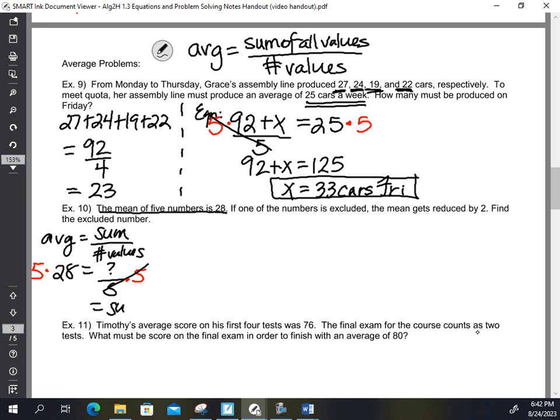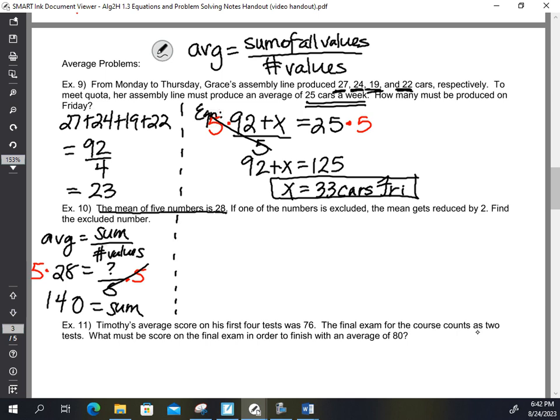So that sum is 140. Do we know what the 5 numbers are? No, and actually, in this case, we don't need to know. We just know that they add up to 140.